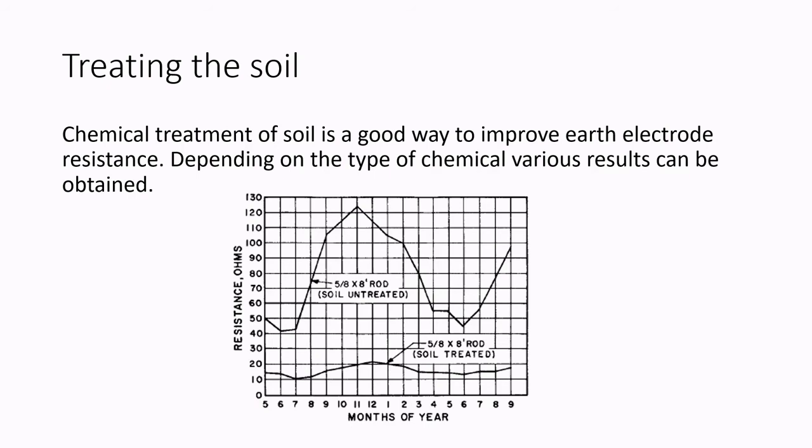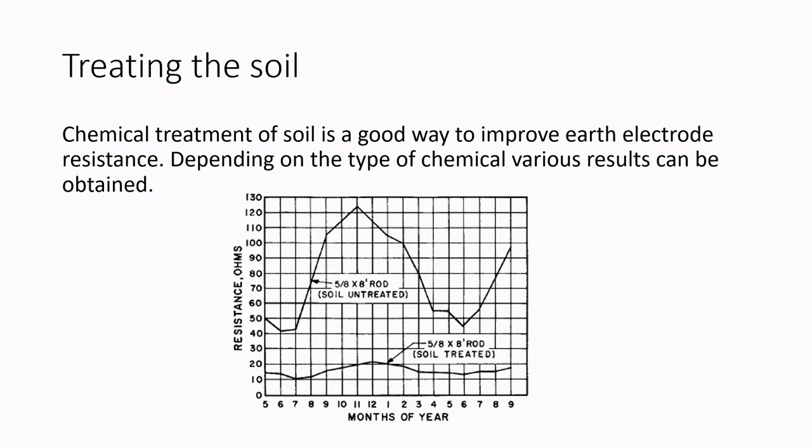And the treating of the soil can also be a good way to improve earth electrode resistance. Depending on the type of your chemical, the various results can be achieved. If you observe the curve, you can see how treated soil and untreated soil have different resistance values throughout the year.